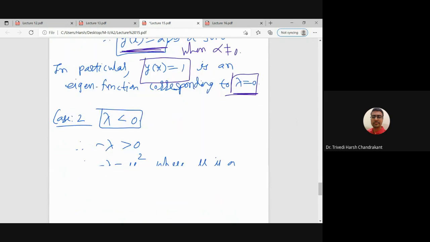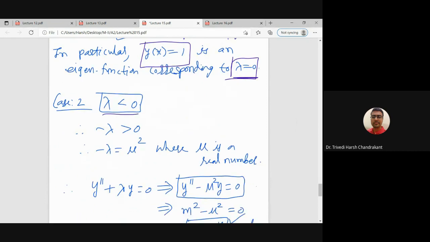The second case: we have considered the first case, lambda is 0. Now we are taking lambda less than 0. So we are solving this equation when lambda is less than 0. That means we can write lambda equals minus mu square, where mu is some real number.